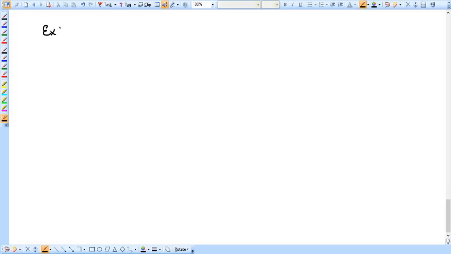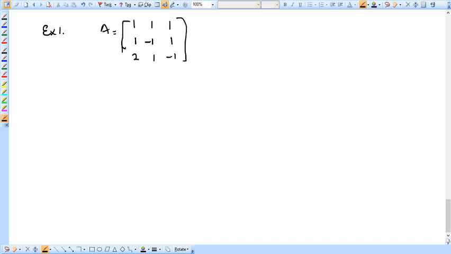So see here, the matrix is A equal to 1 1 1, 1 1 1, 2 1 1.